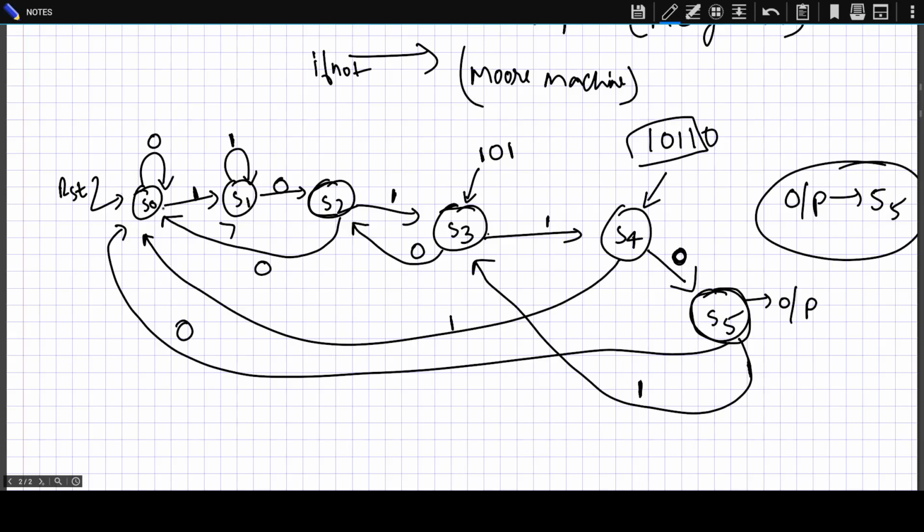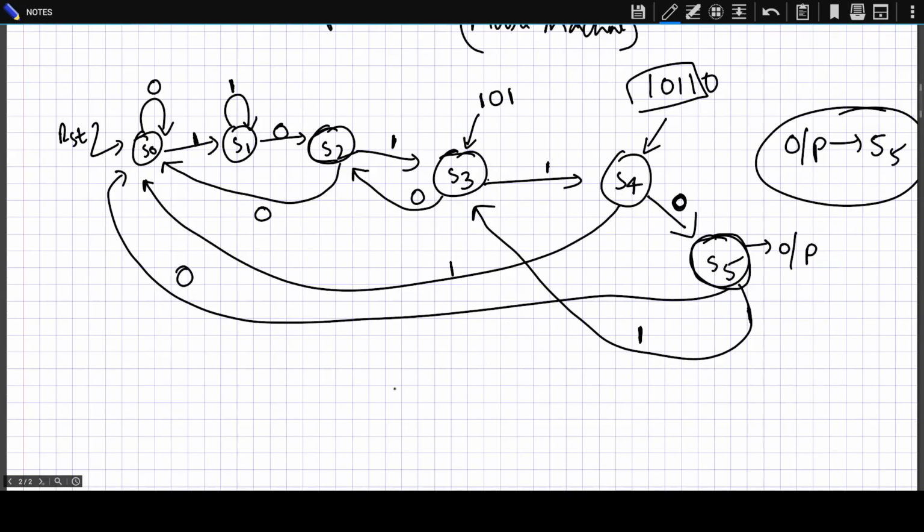If you get a 0, go back to S0. Okay, it is the same. So in some sense we have just cloned the state S2 as S5.